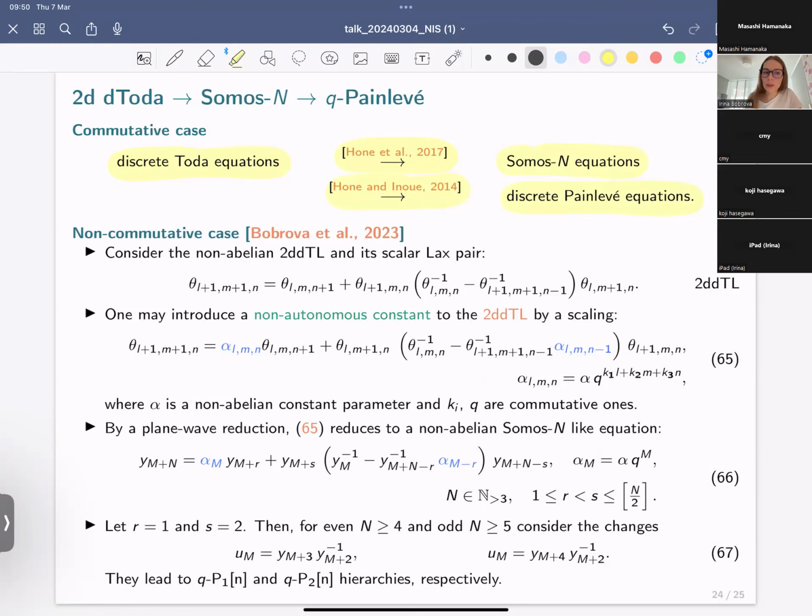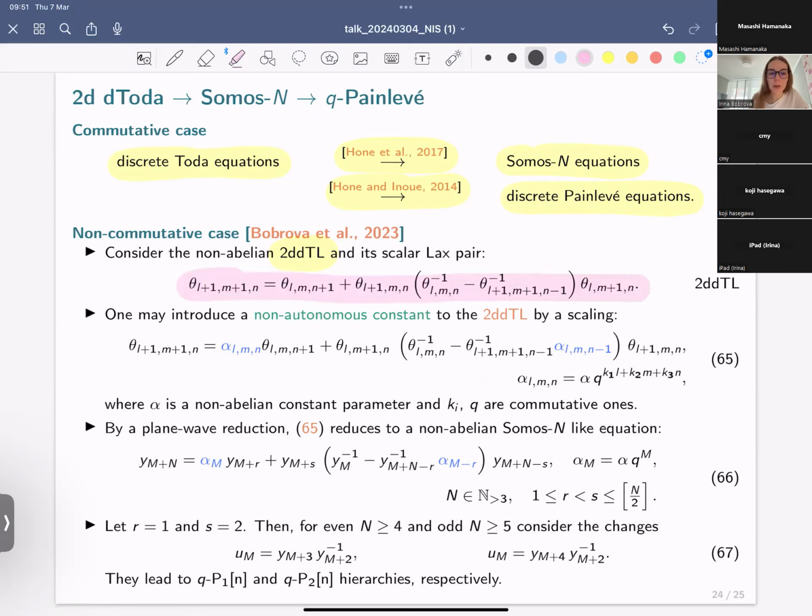So we want to extend this scheme to the non-commutative case in order to obtain non-abelian discrete Painlevé equations and non-abelian Thomas N equations. In fact, we can introduce a non-abelian analog for the two-dimensional discrete Toda lattice, and this non-abelian analog is given by this expression.